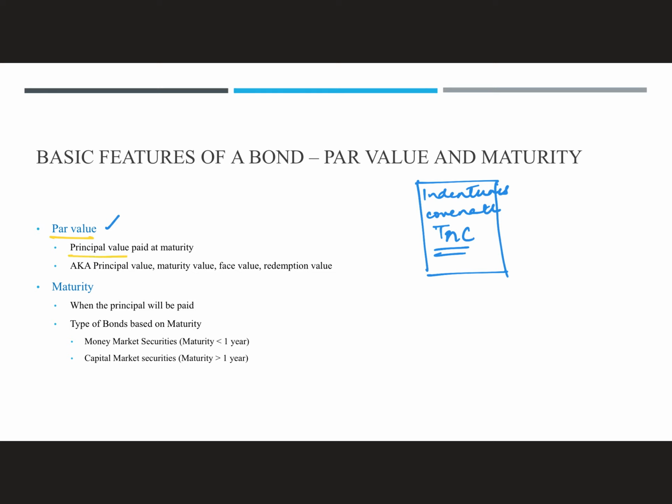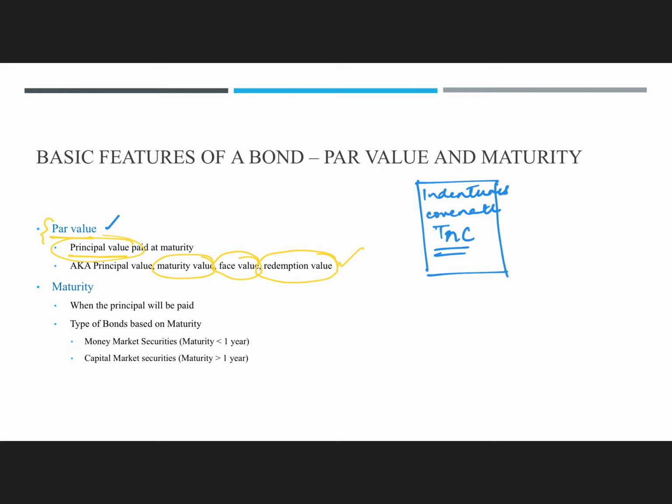There are multiple names for it, which would be really helpful if you recognize them in the later stages of understanding how bonds are priced and the current market price of the bonds. So this par value is also called principal value. It's called maturity value because it is given at maturity. It is also called face value, and it is also called redemption value because when you give back the bond at the end of the maturity, this is the value that you redeem from it. So redemption value, face value, maturity value, or principal value.